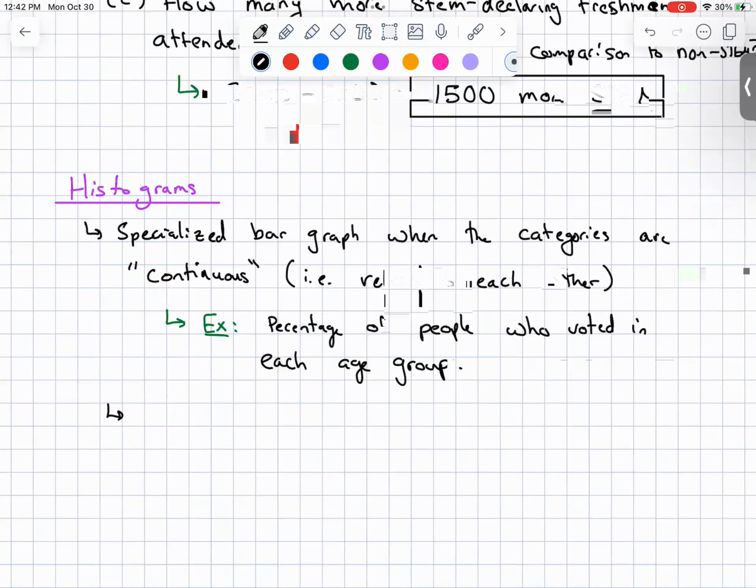And with histograms, there is no space between categories, between the bars. And this is the reason why. Since they're continuous, we want to see all the data aggregated together in a very clear, concise way to see the change overall in every category.